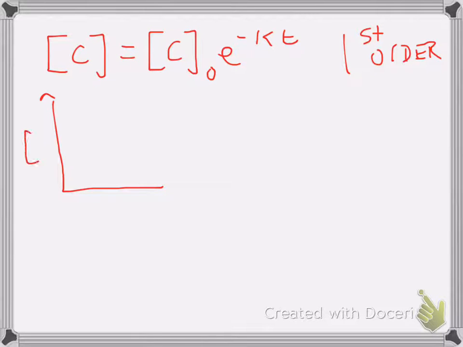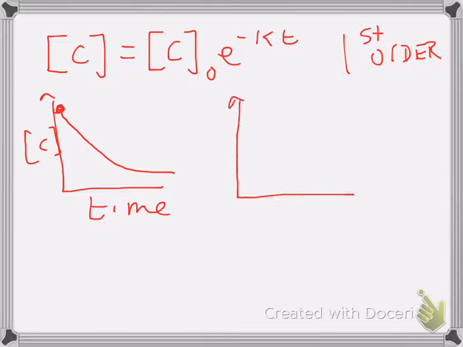So the graph of concentration versus time is not going to be linear. It's going to have a C0, and there's going to be an exponential decay. It's going to be curvy. And to get the rate constant from this data set can be quite difficult. Now calculators can be able to do it if you're able to fit this to an exponential.